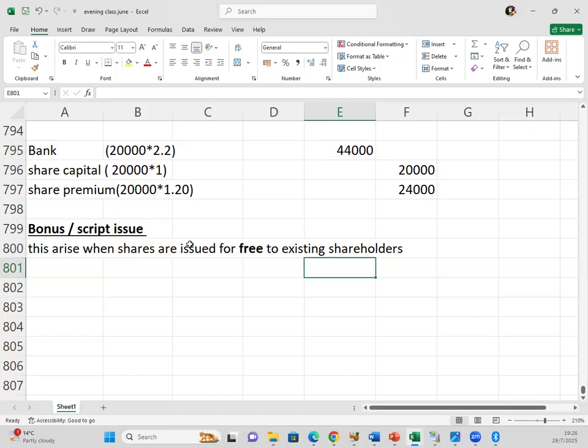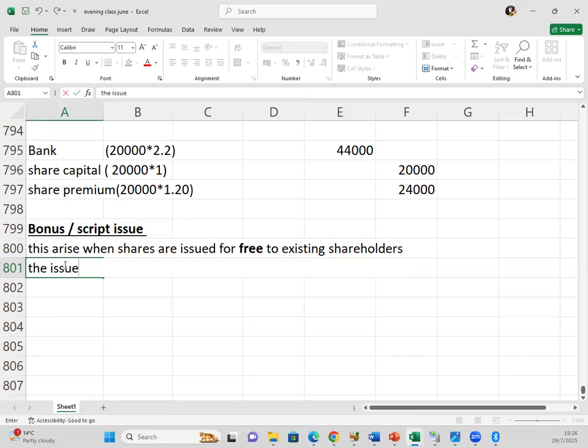Since the shareholders are not paying, the issue does not result in cash movement. The issue does not increase money in the business, but it increases shares.